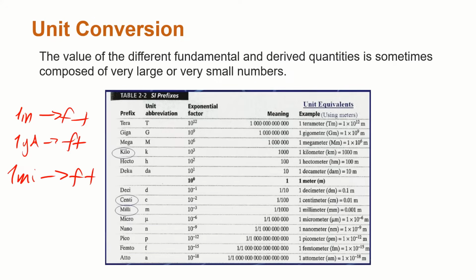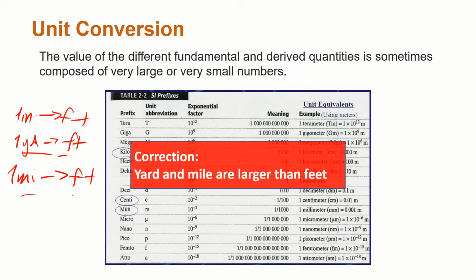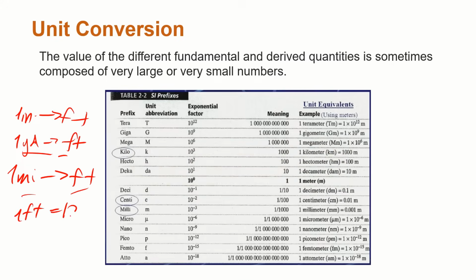As you can see, an inch is smaller than a foot, a yard is larger than a foot, and a mile is larger than a foot. If you look at the equivalence, in 1 foot there are 12 inches. Or in 1 inch, there is 1/12 foot.